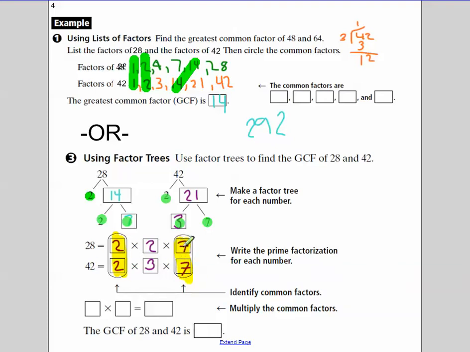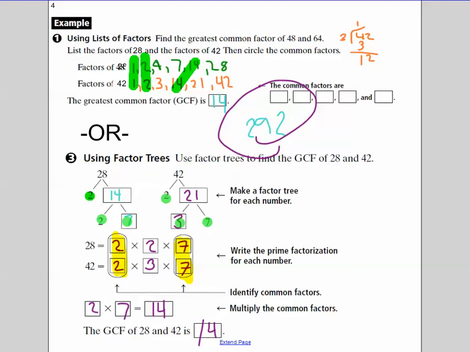It sure does, so I'm going to highlight those as well. These are my common factors. Now I'm going to multiply my common factors together: 2 times 7 is 14. So the greatest common factor is indeed 14, and that's the same answer we got up top. So I can use a list or I can use factor trees. Factor trees are going to be a better option when we start to get large numbers.